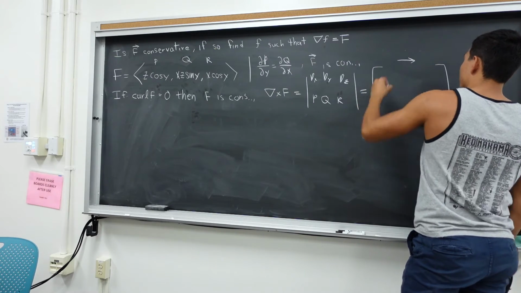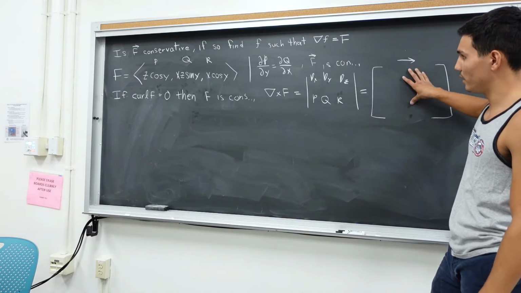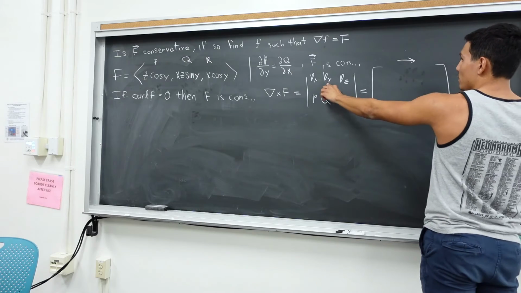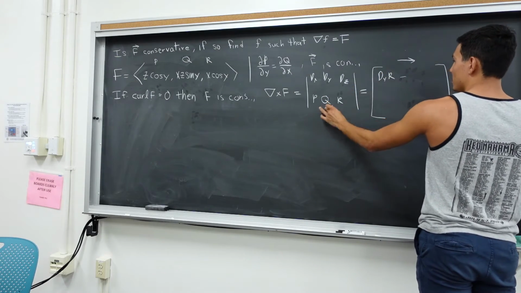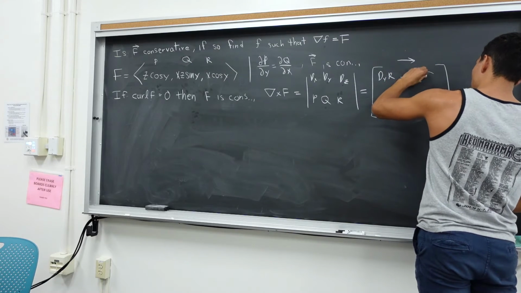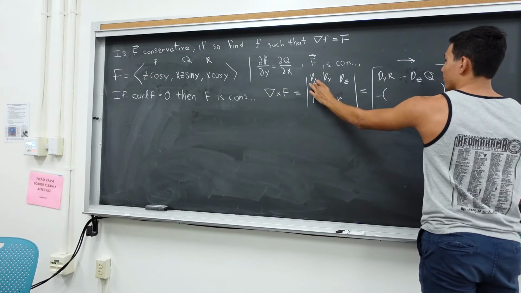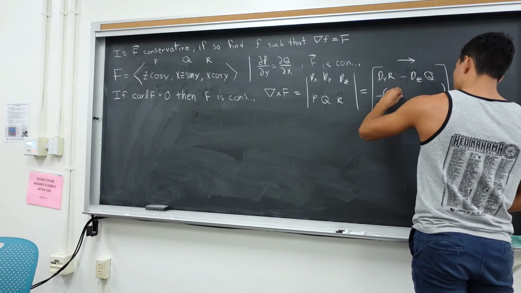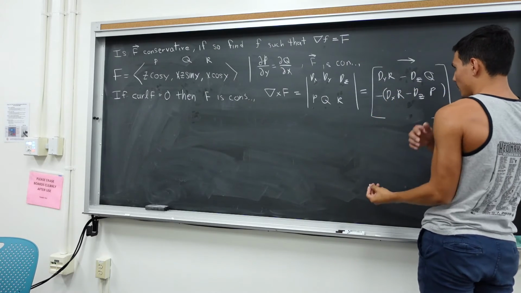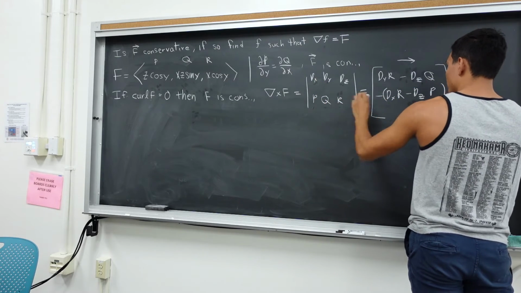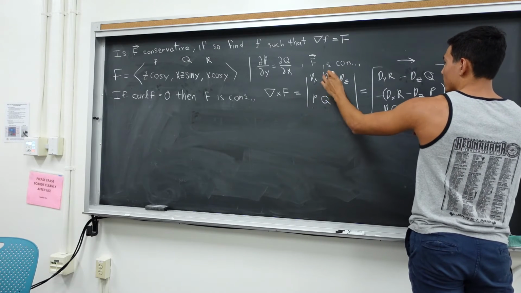The cross product produces a vector, and I'm going to use the column vector to describe this. dy R minus dz Q, then it goes dx R, don't forget the negative in front of it all, dx R minus dz P, and then we go dx Q minus dy P.